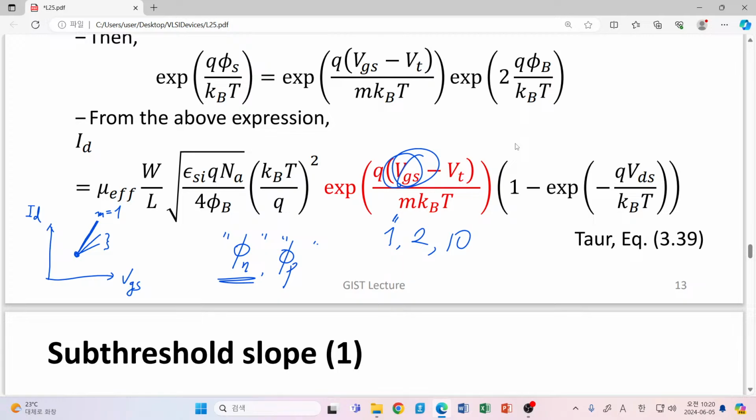Once we understand this concept, quasi-Fermi potential, then we can extend it to our MOS system, and the complete theory on our MOS transistor was built, as you have seen in our previous lectures.